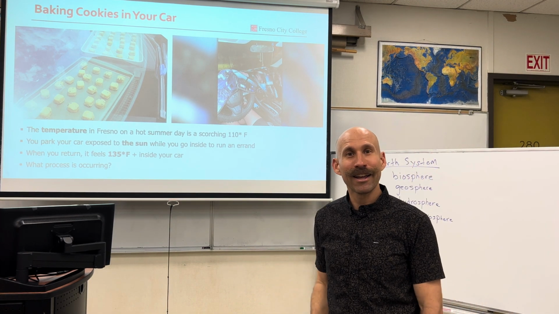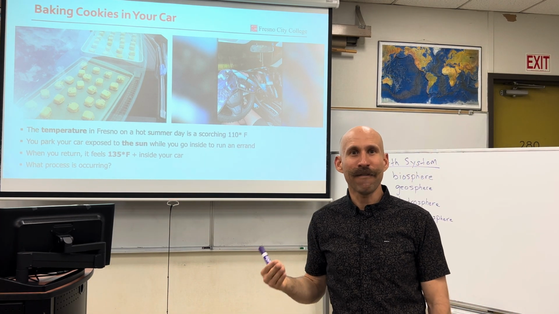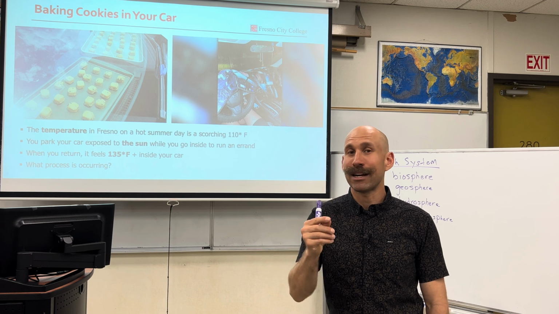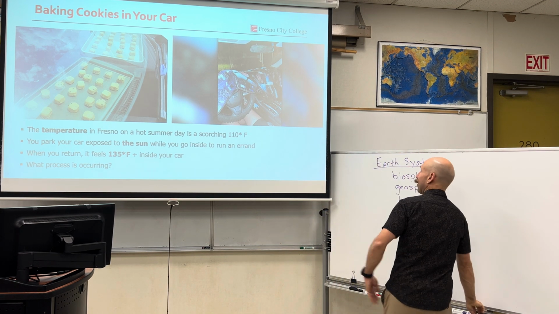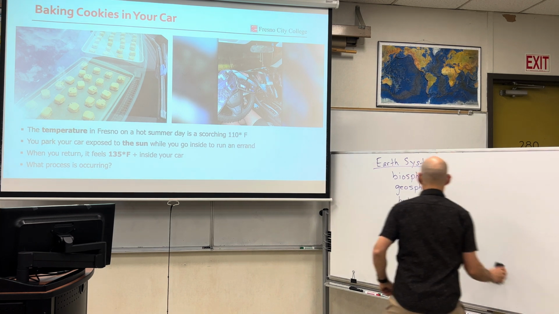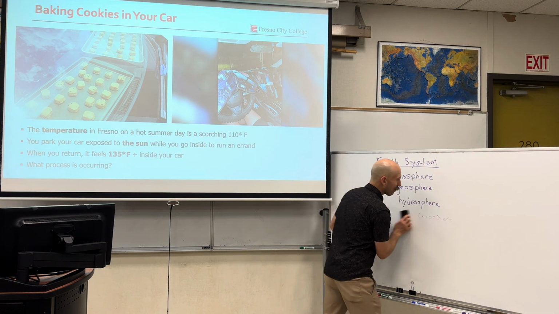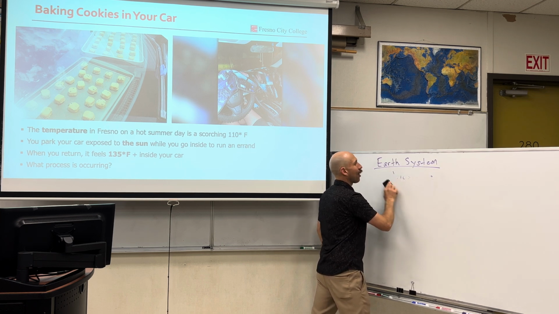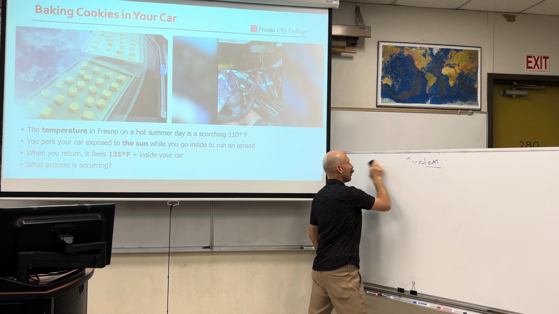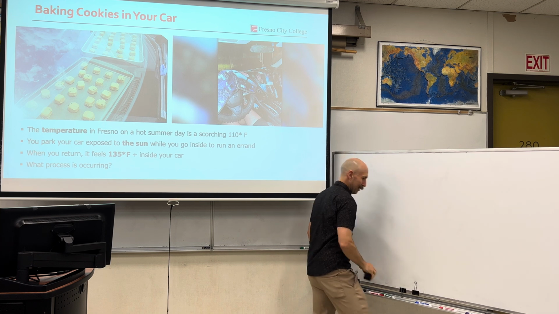What the heck? Well, it doesn't get as hot as an oven, but inside of your car, it might. And this is because of the greenhouse effect. Now, this is a metaphor for what is happening in our atmosphere. And it goes a little something like this.